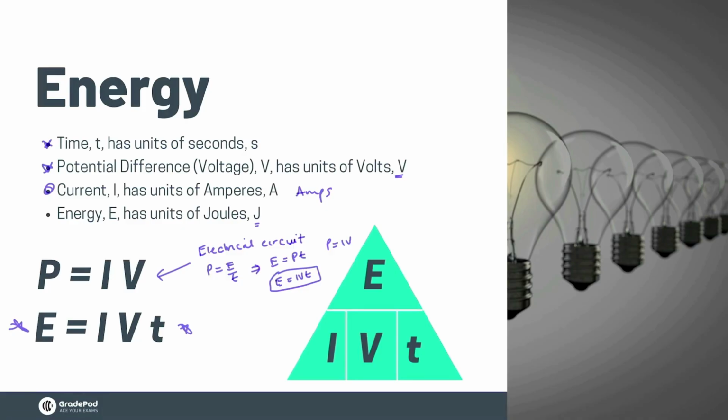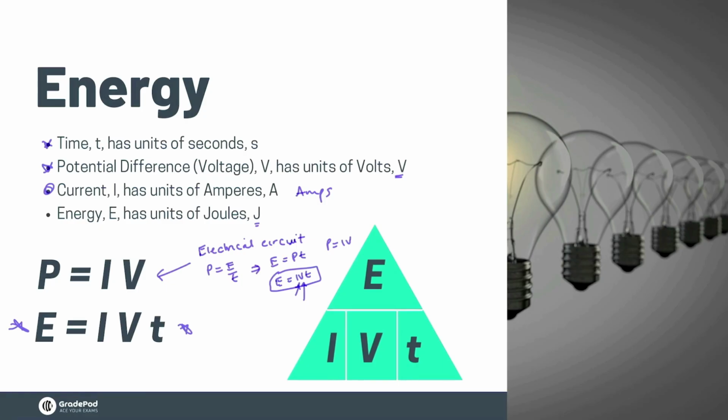This equation for energy is only for electrical circuits. Well, that's obvious when we can't find the voltage of a person, can we? We can't find the current of a tree. So this equation here is to find out the energy of an electrical appliance. E equals IVT. If you're uncomfortable rearranging it, you can use this rearranging triangle here.